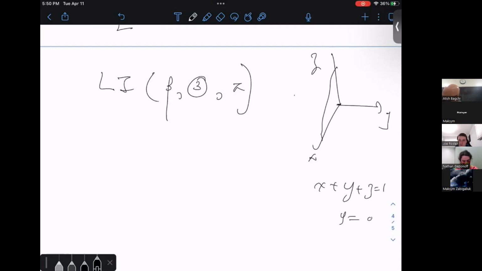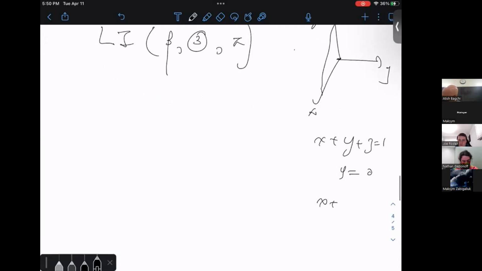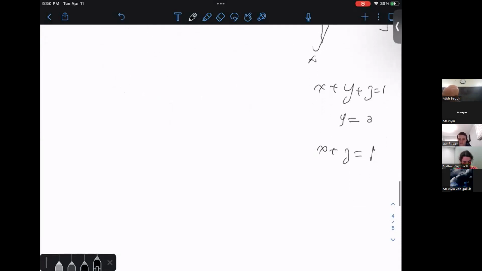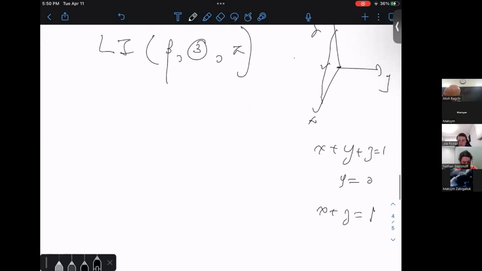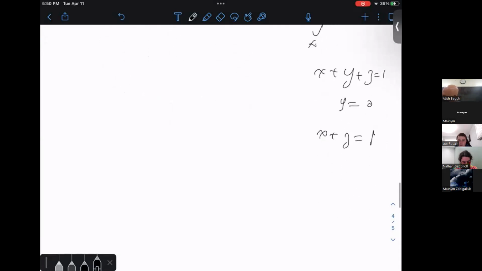So that is y is equal to 0. So that is x plus z is equal to 1, which means we can take x is equal to t, and that means z is equal to 1 minus t.